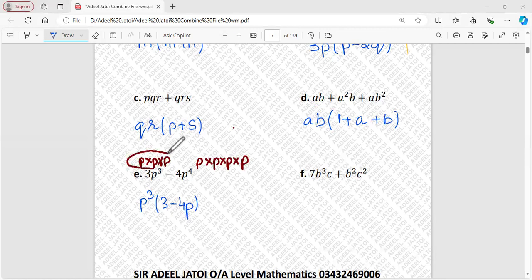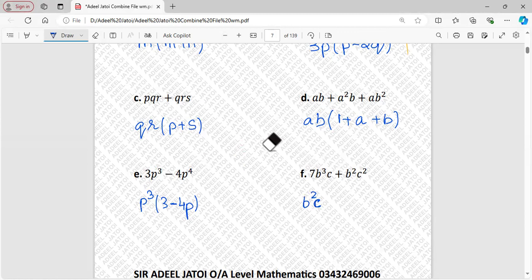So if 3 p's are taken as common, we are left with only 1. That is the reason p cube is taken as common, and the leftover value is 3 minus 4p.